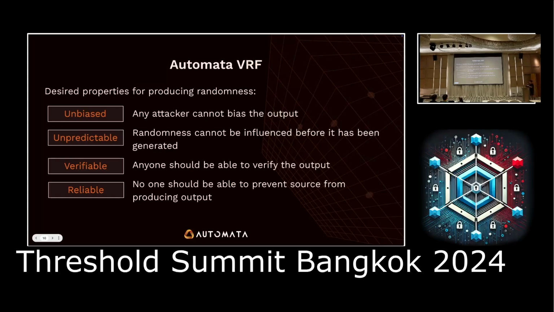There are several characteristics we need to meet. As the previous speakers said, for generating randomness, we need it to be unbiased, unpredictable, on-chain or off-chain verifiable, and also reliable. So I think it's quite straightforward for users to use such randomness if we can have one service to meet all the requirements.